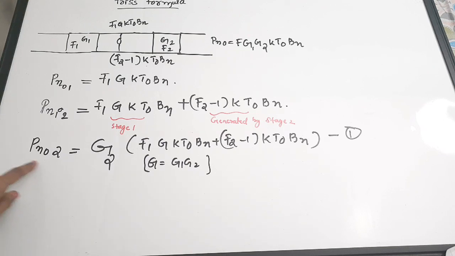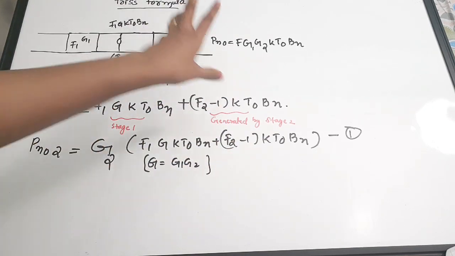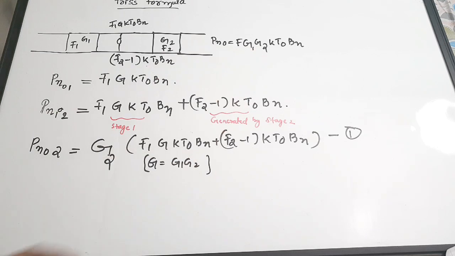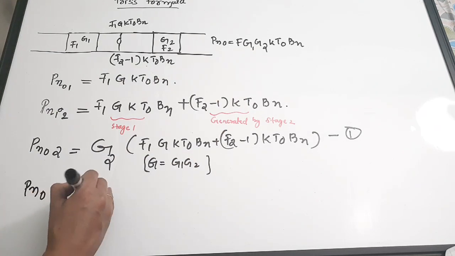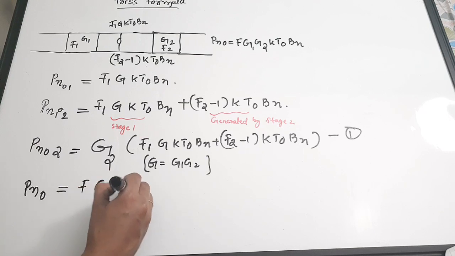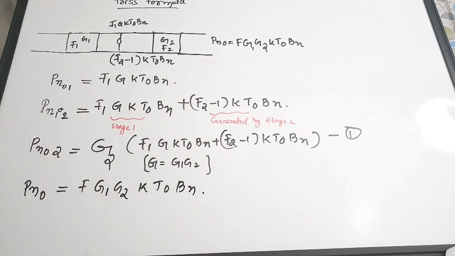This is the output noise power at stage 2, and we have assumed it to be Pn0. So Pn0 is equal to F into G1 G2 K T0 Bn, and this Pn0 is nothing but equal to PnO2, right? So we have taken the noise power at the output side as F G1 G2 K T0 Bn.